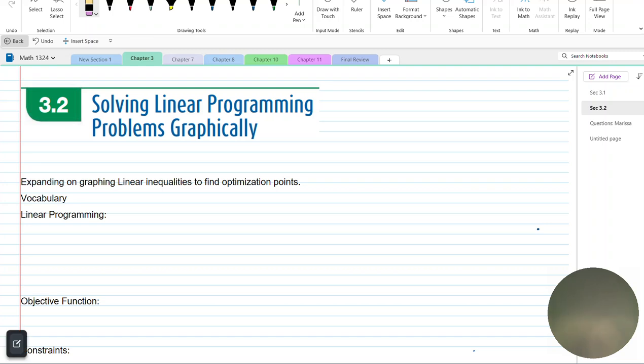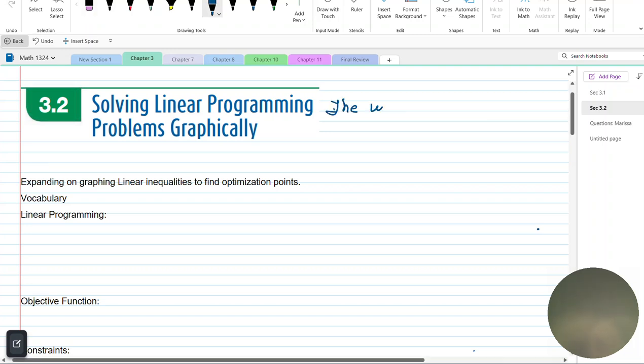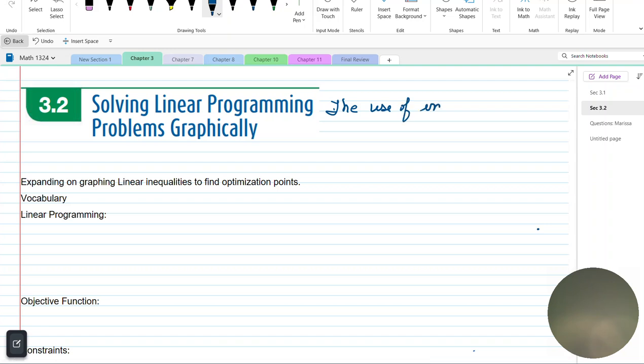Let's begin section 3.2, solving linear program problems graphically. We're still going with the inequalities, using inequality functions to demonstrate strengths.